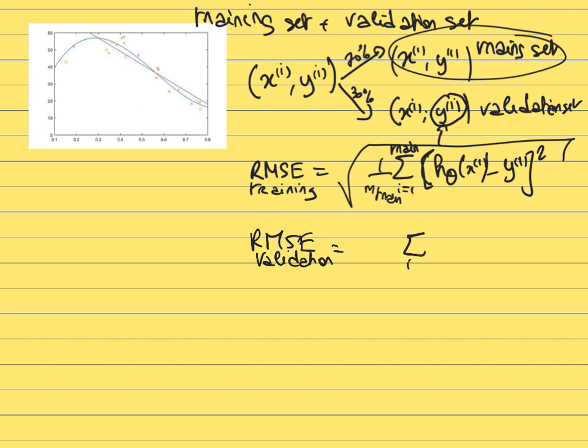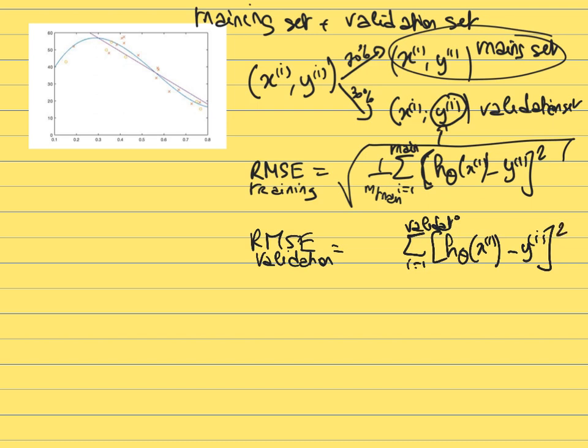You take the difference between the prediction of the model over the validation points. Those are points that were not used to train the model, but nevertheless you look at what the model is predicting at those points, and you compare it with the real observation value in the validation set.